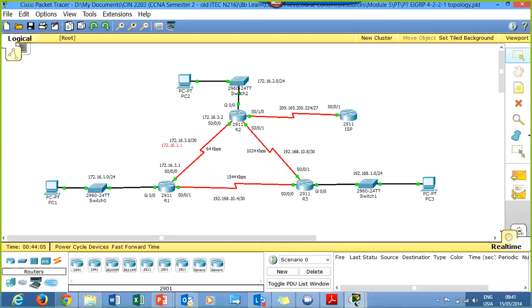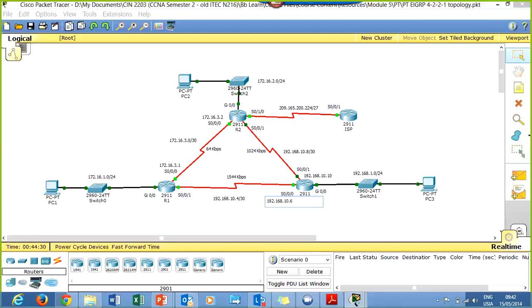So here, this is 192.168.10.10. And this one here is .6. This one here is .5. And this one here is .9.